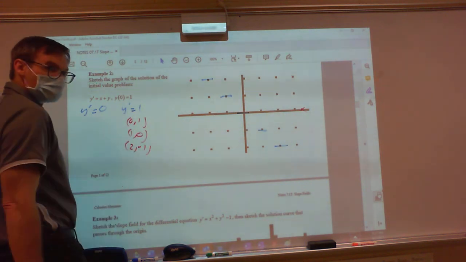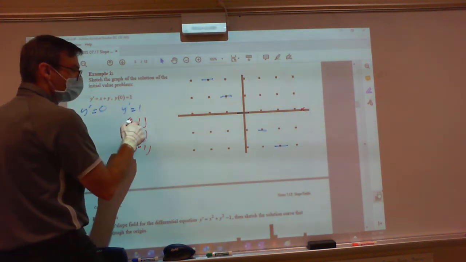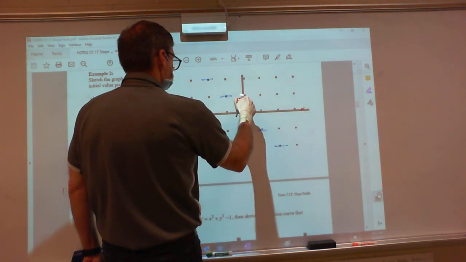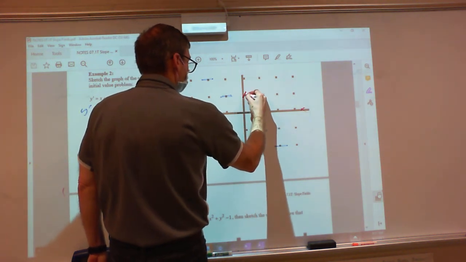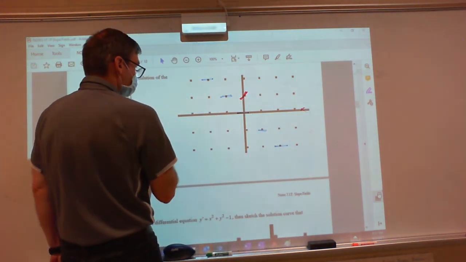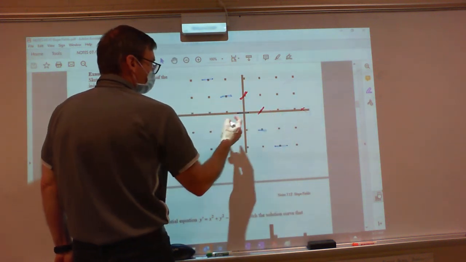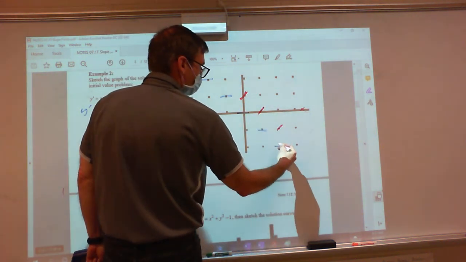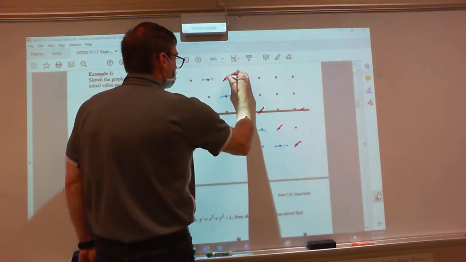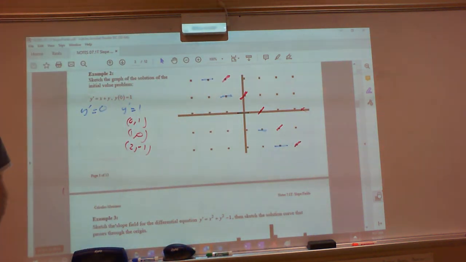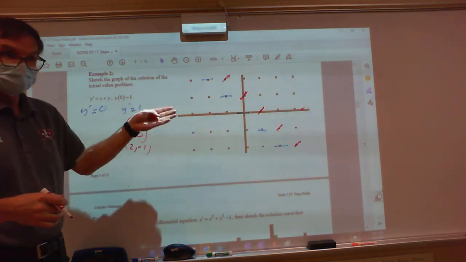Now just plot some of those and see where we are. At (0, 1), this is a slope of 1. At (1, 0), this is a slope of 1. At (2, -1), this is a slope of 1. Do you see how if you start looking for where you have slopes of 1, we get that.